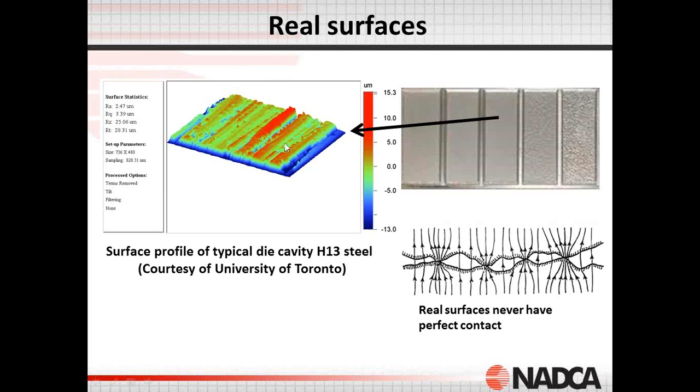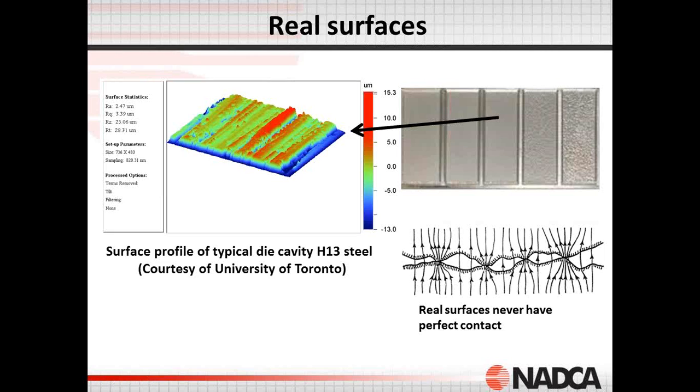And when imperfect surfaces come into contact, we have intermittent areas in which they touch, and that's where the majority of heat transfer occurs. And the air gap dramatically decreases the heat transfer in those areas.